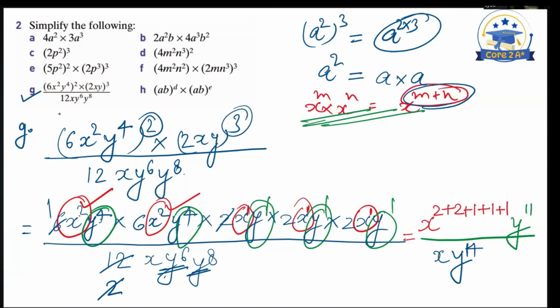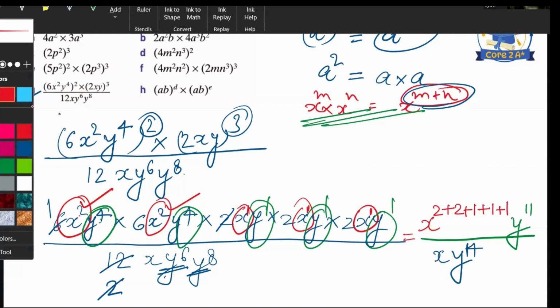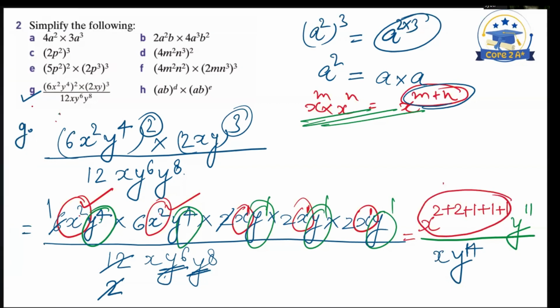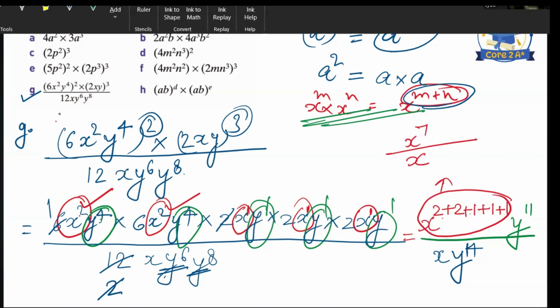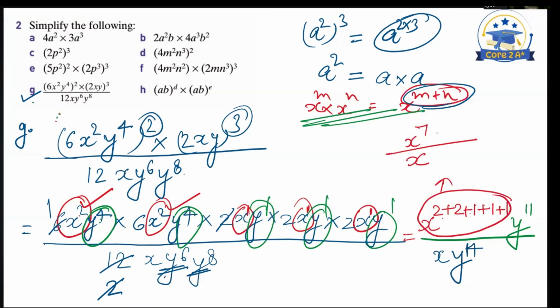Now, what about the x? 2 plus 2, 4, 5, 6, 7. X to the power 7 over x. Now, write with the green: y to the power 11 over y to the power 14.